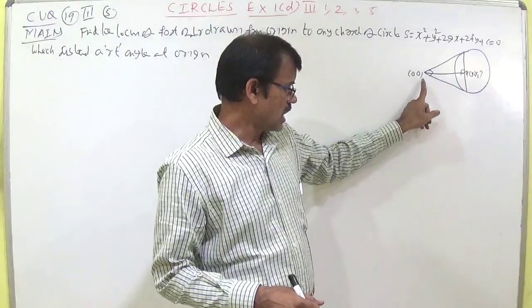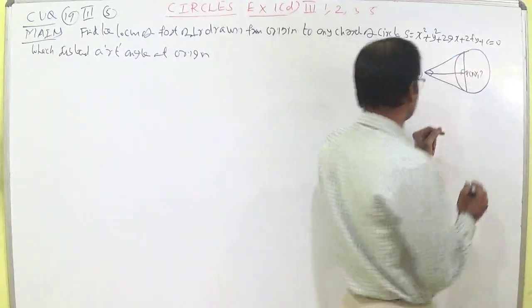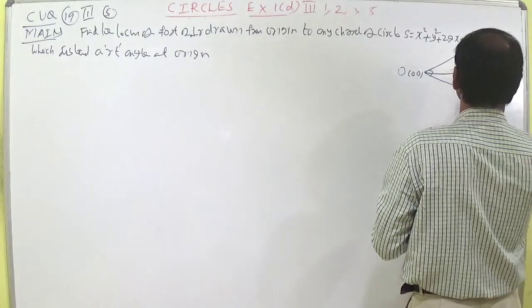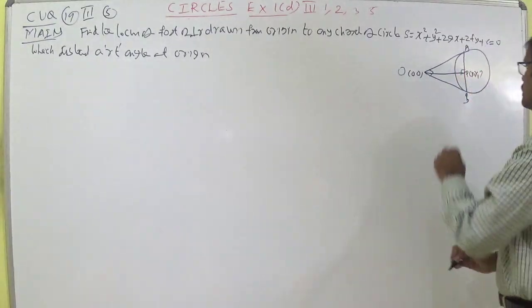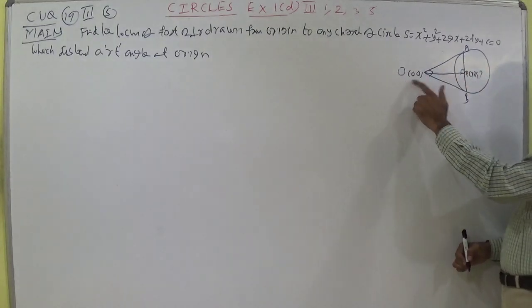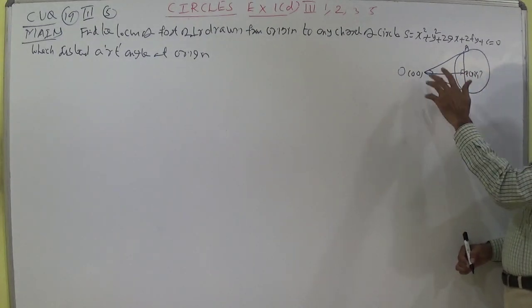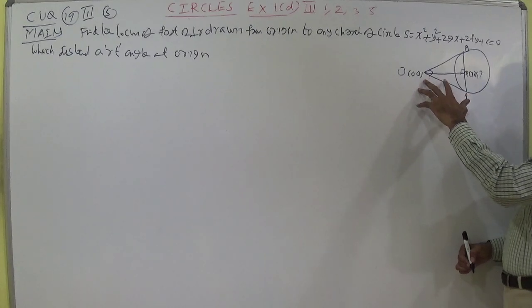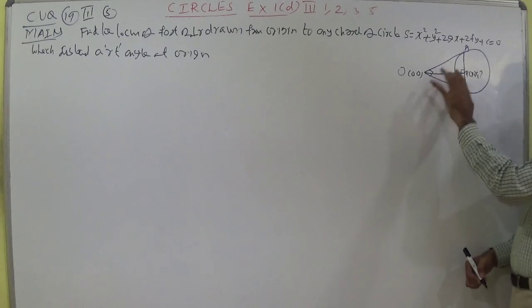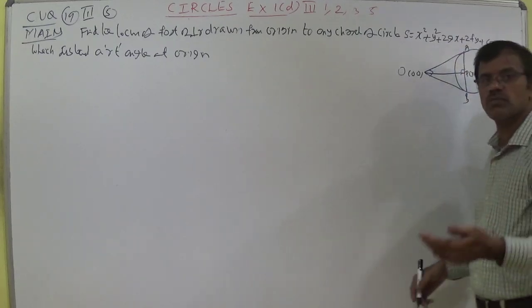First one, you should calculate the equation of a chord. Put here, this is O, this is P, this is A, this is B. You should calculate the equation of chord having this point P(x1, y1) with the perpendicular slope, that means minus 1 by m. Slope of OP is y1 by x1. Now slope of chord is minus x1 by y1.